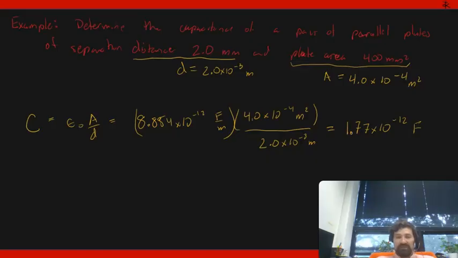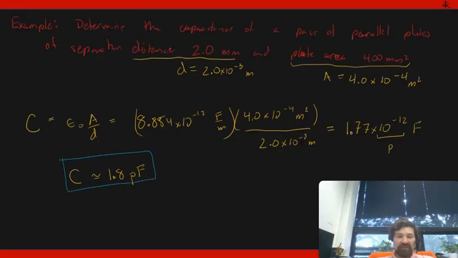Or if we want to round it to two significant figures and use unit prefixes, remember that pico is 10 to the minus 12, so this is about 1.8 times 10 to the minus 12 farad, or in other words 1.8 picofarads. So that is our expected capacitance.